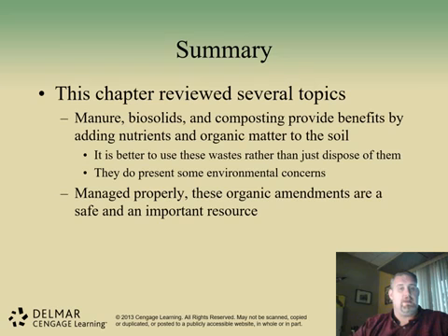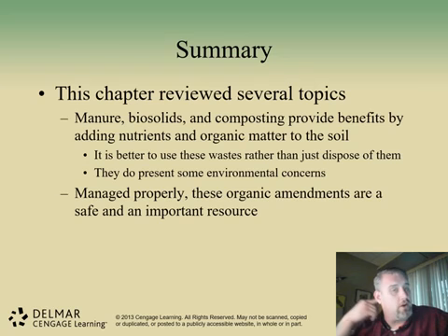So this chapter basically talked about the manure and the biosolids composting, and then adding in those as organic material to help bring that back into the soil profile to increase the amount of healthy biological activity, to increase the health of the soil, and to allow these organic materials to hold on to water within the soil and just generally make the soil stronger and more healthy.